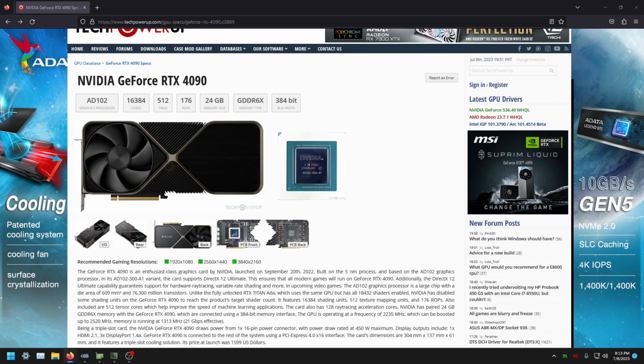There could be different reasons. And when the GPU is overheating, sometimes it underperforms, it does not perform as expected, and in some cases it even crashes.